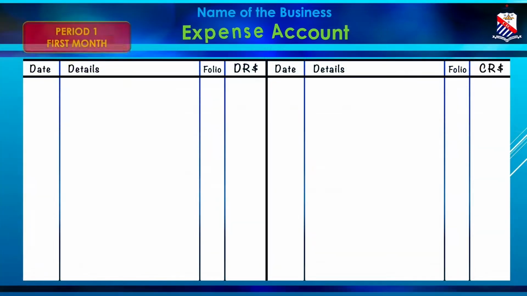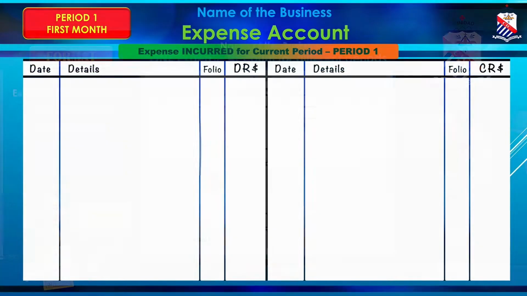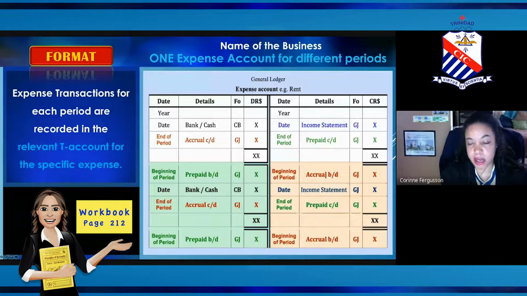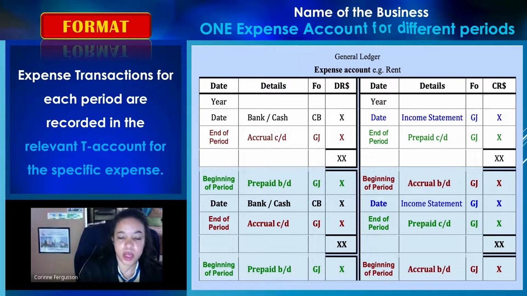In your first year of trading, you would not have any brought down or carried down figures, which would be figures from a previous year. So that is why this top part only has 2 items on the debit side. If you would notice, the 2 items on the debit side would be bank and cash and accruals carried down.